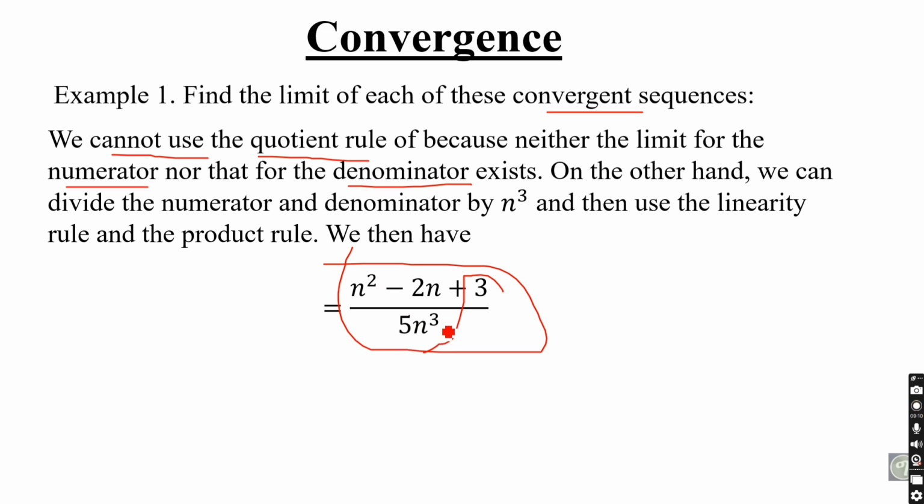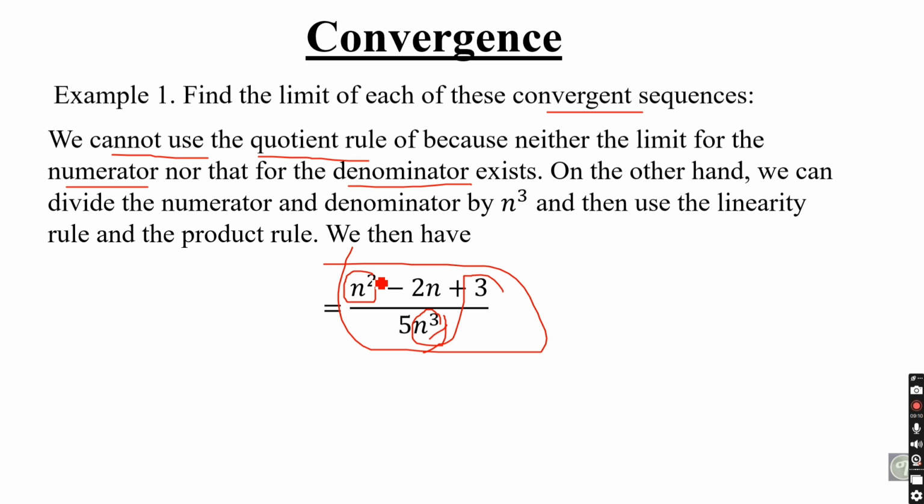Why? As you can see, the numerator is degree 2 and the denominator is degree 3. When we use the quotient rule, it is f of x over g of x, and f of x has to be of higher degree than g of x.